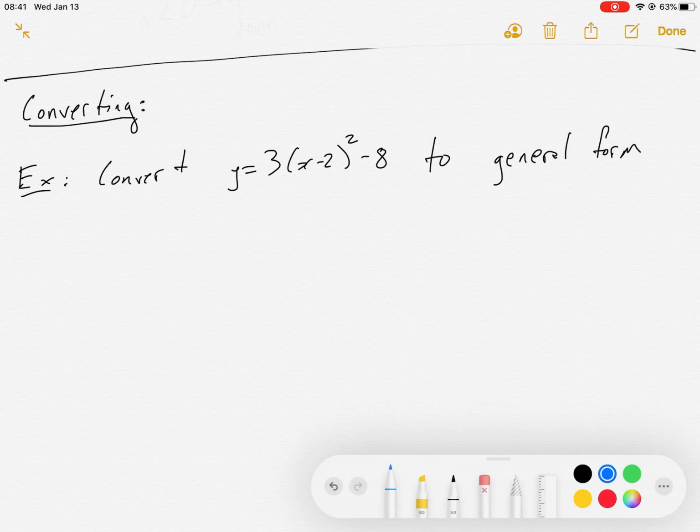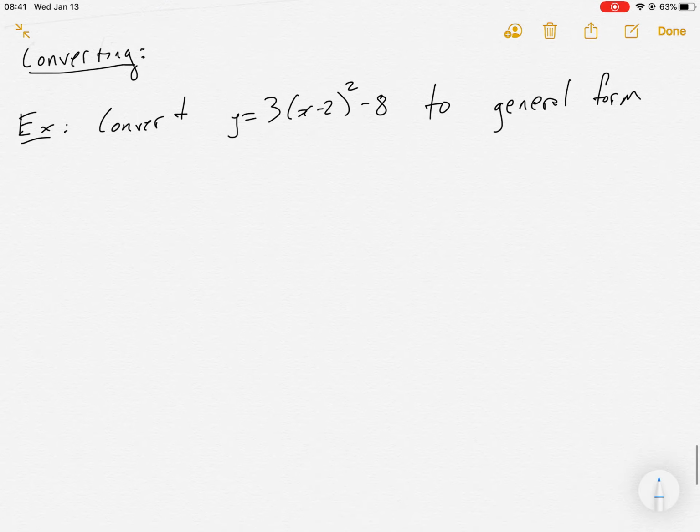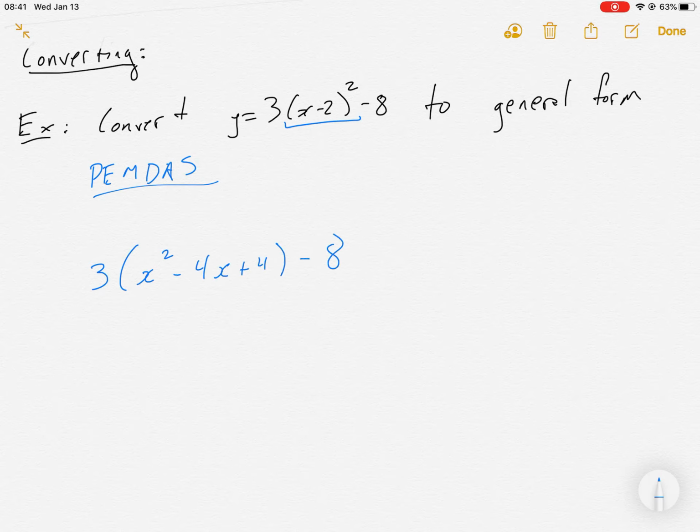Let's say I had given you this problem. Convert the vertex form to general form. Well, following PEMDAS, we first are going to focus on the (x minus 1) squared because that is the exponent component. There's nothing we can do in the parentheses, so let's go ahead and do (x minus 2) squared. Now we have to multiply, so I'm going to distribute that 3.